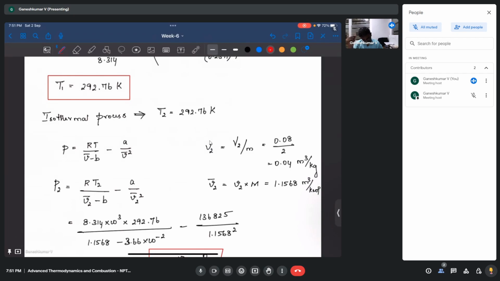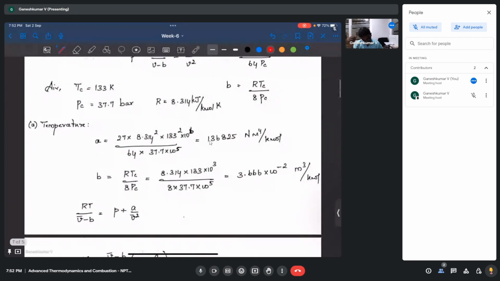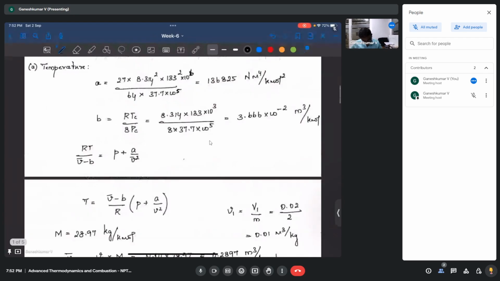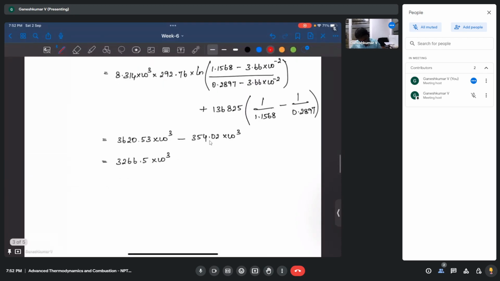So A by V square. So this should be kilomole square, no? Now since it is kilomole square, it will be meter per kilomole, which is joules per kilomole. This is joules per kilomole.